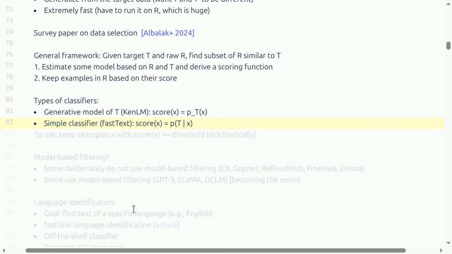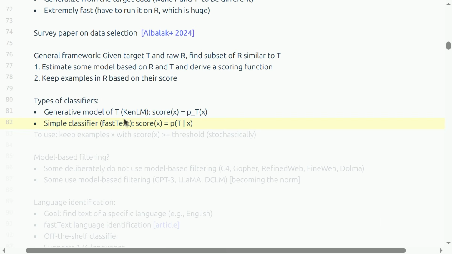A more common approach, which I think we're mostly seeing these days, is to just train a classifier. The classifier predicts a positive label for examples that are in T, my target, and negative labels for things that are in raw but not in T. So T are your positive examples, some random subset of R are your negative examples, maybe you balance it, and then you train a classifier.